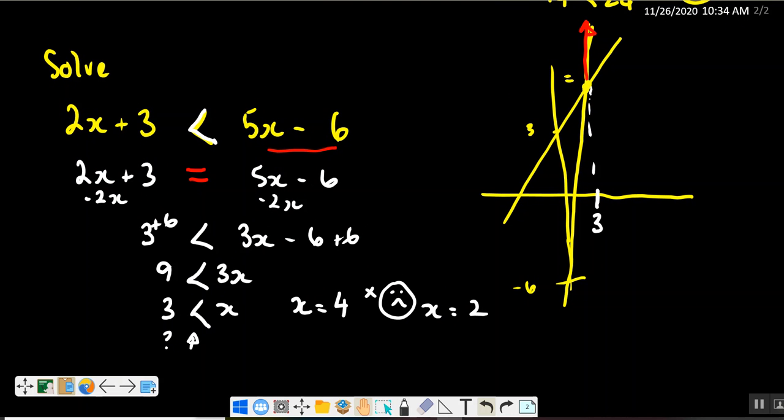Okay, so basically what I'm saying is I want to know which values of x make this true. So from that point, I only want the line going up, which means from this x, which x values am I allowed? I'm allowed in this direction, yeah? Because the line carries on. I'm allowed how many of these points?